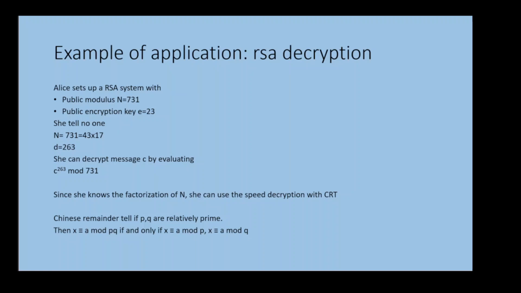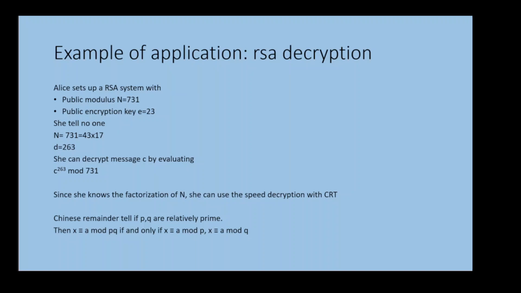She tells no one that N is equal to 731, which is also equal to 43 multiplied by 17, and D is 263. She can decrypt message C by evaluating C to the power of 263 mod 731.